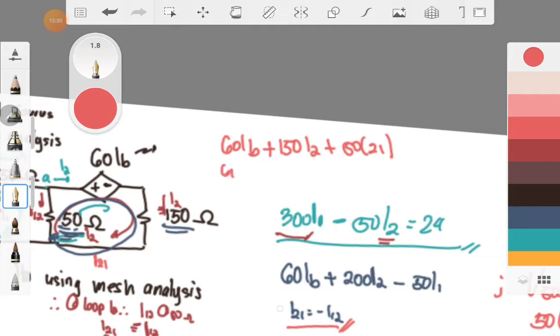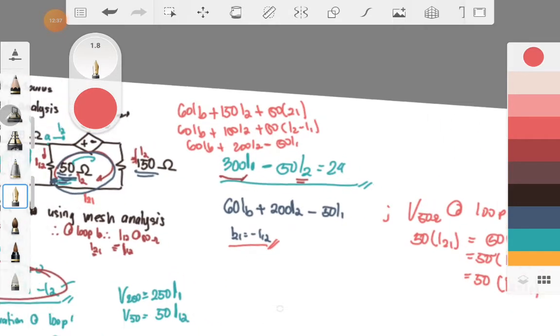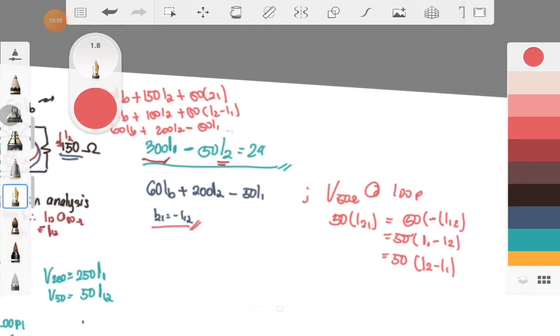So magiging 60 IB plus 150 I2 plus 50 multiplied by I2 minus I1, which is 60 IB plus 200 I2 minus 50 I1. Na masa-set up nyo gamit yung shortcut, which is lahat ng nakakabit sa mesh na yan multiplied at the loop that you are analyzing, minus yung another resistor na nakakabit sa kabilang mesh current.